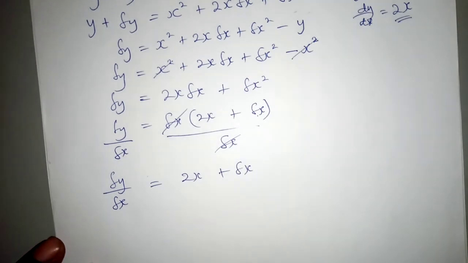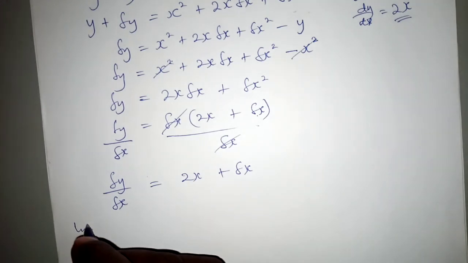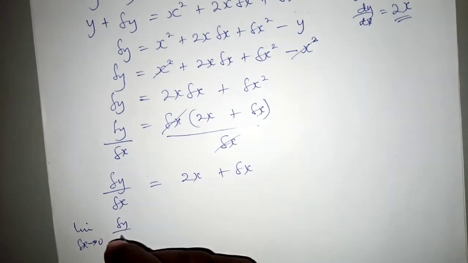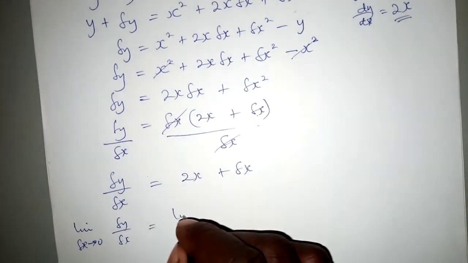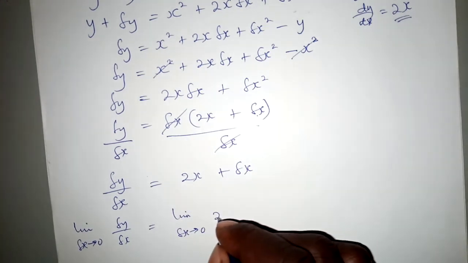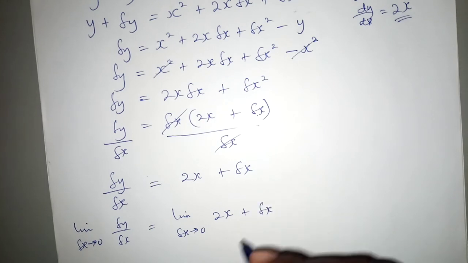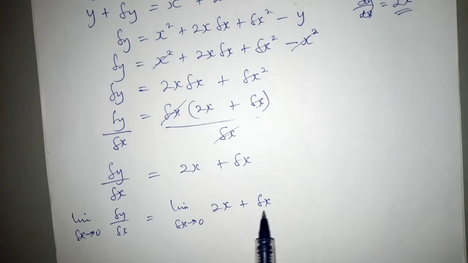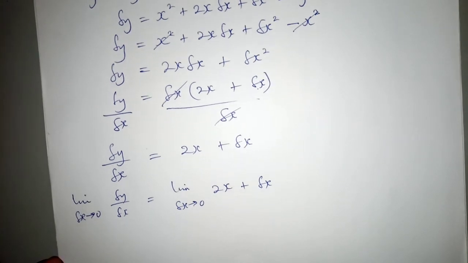From here, we are going to take the limit from both sides of this equation. So we have limit as delta x tends to 0 of delta y by delta x is equal to limit as delta x tends to 0 of 2x plus delta x. This means wherever you see delta x, we are going to put 0 in place of it, because delta x tends to 0.